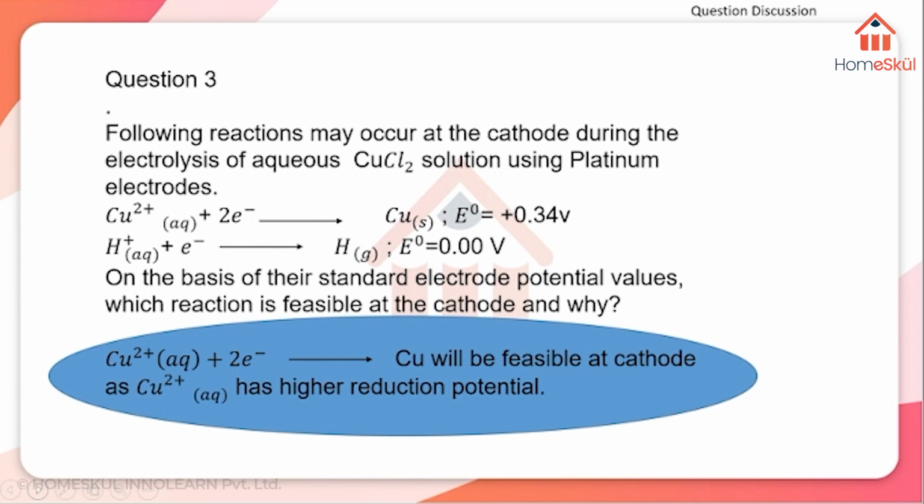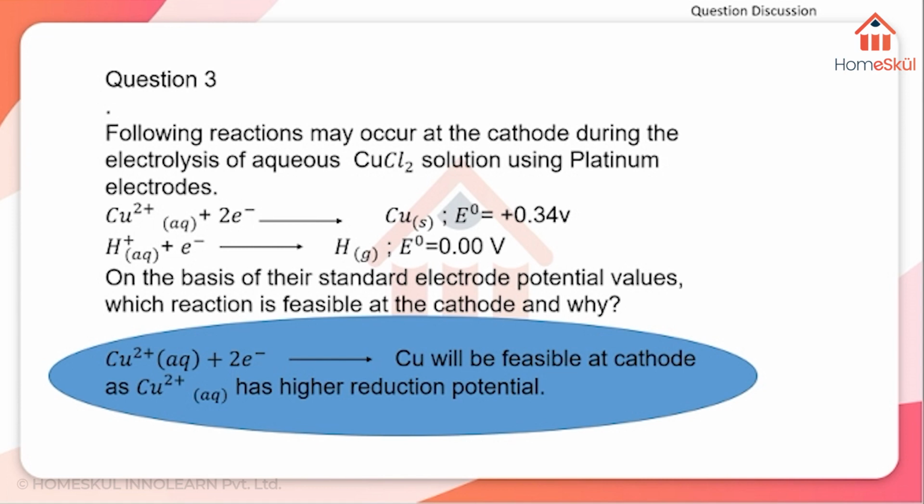Then another reaction is H+ + electron gives H, where the electrode potential value is 0. On the basis of the standard electrode potential values, which reaction is feasible at the cathode and why?